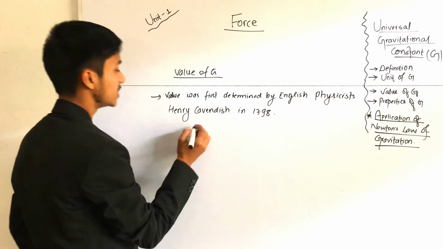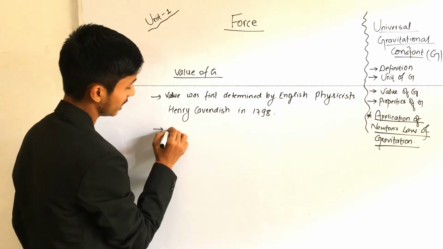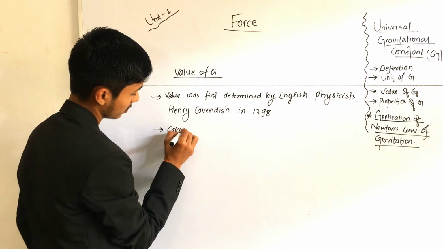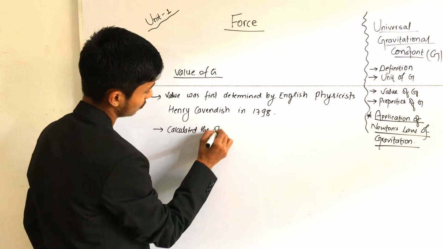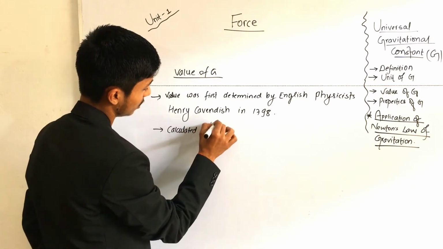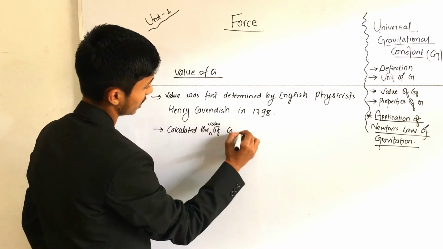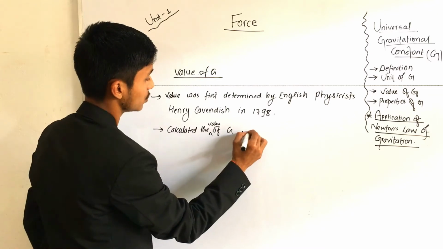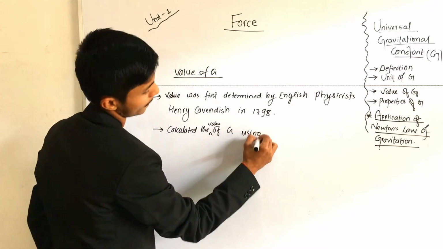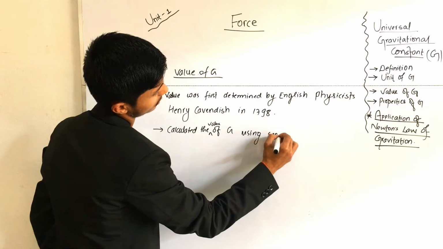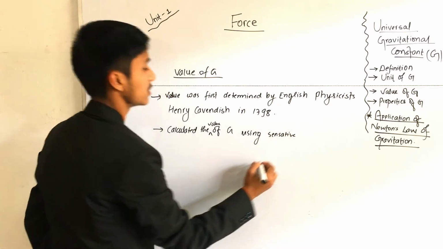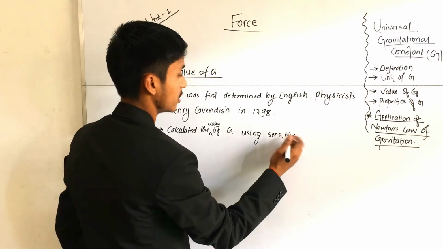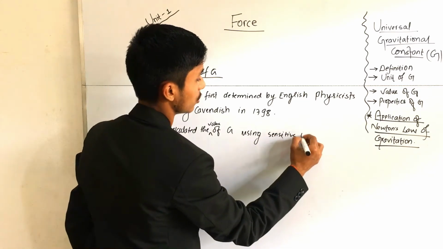He calculated the value of capital G using a sensitive torsion balance.